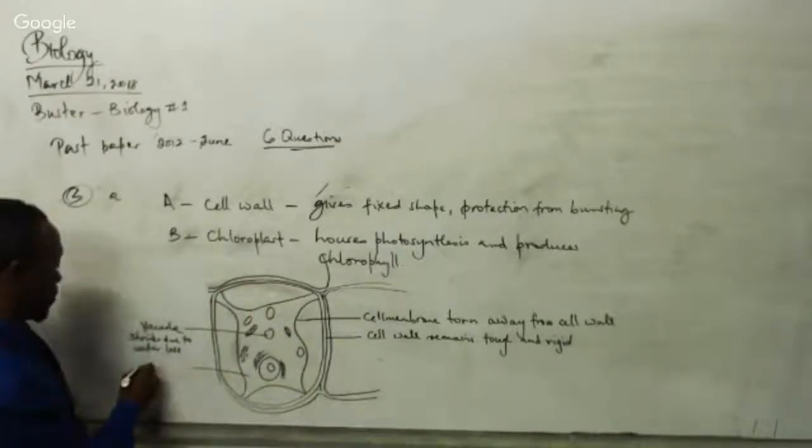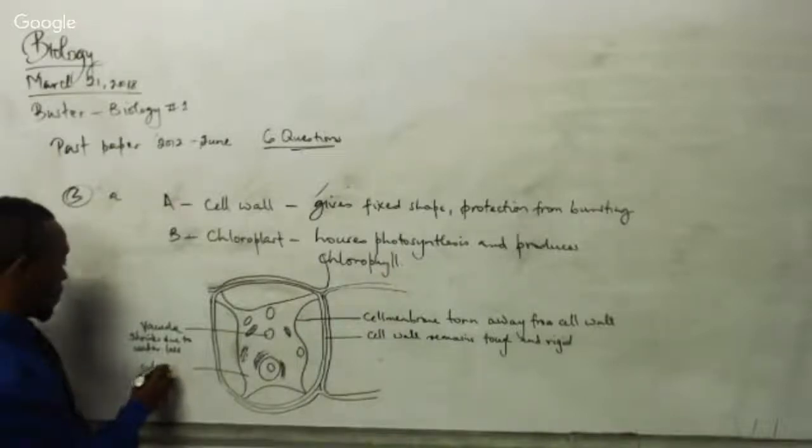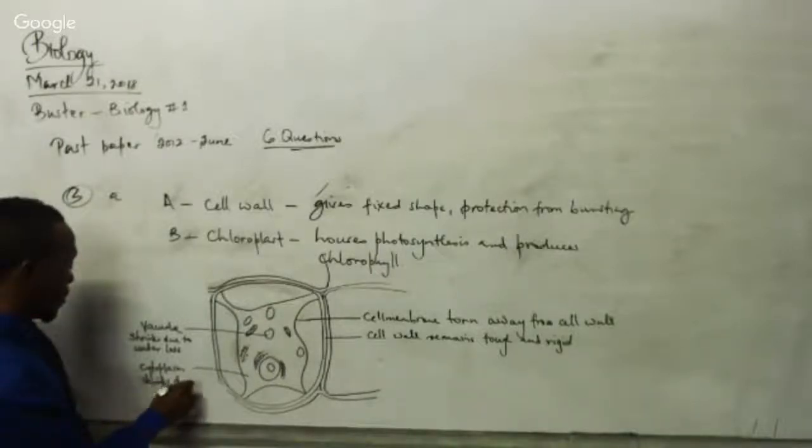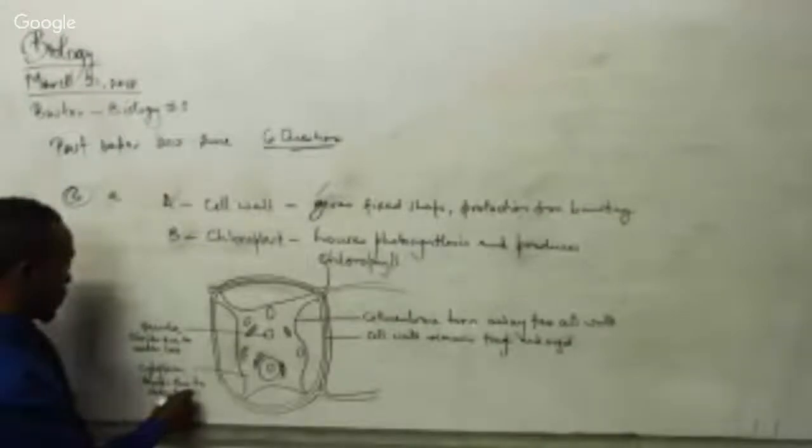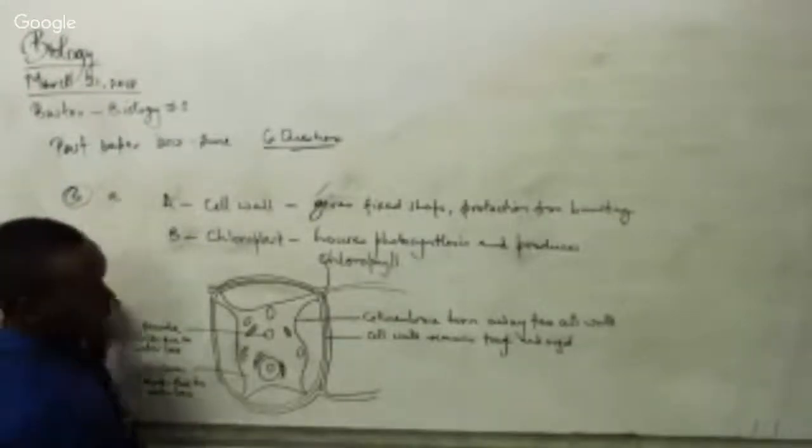Cytoplasm shrinks. So those are the only places that you need to write about, the places that are affected by the process.